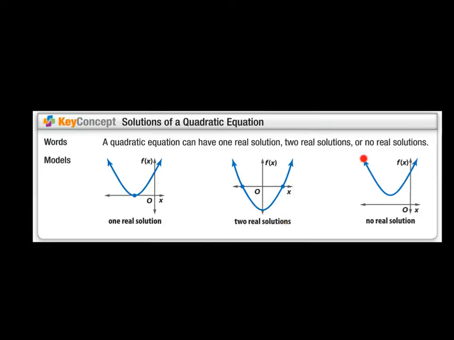In this parabola, the parabola doesn't even cross the x-axis, so we have no real solutions. So we have three different types of solutions that we can categorize, but if you notice, the solution is always where the parabola crosses or touches the x-axis.